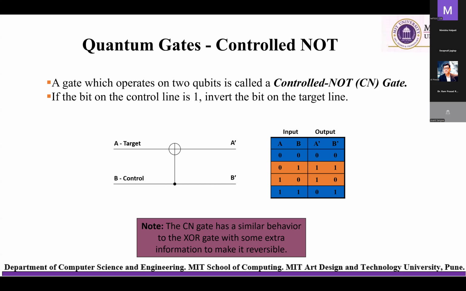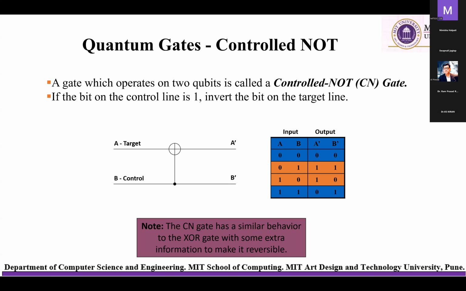The C-NOT gate, or the controlled NOT gate, operates on 2 qubits and is used to perform a conditional flip, NOT operation, on the target qubit. It uses a control qubit to determine whether to invert the state of the target qubit. Specifically, if the control qubit B is in the state 1, the target qubit A is flipped or inverted.